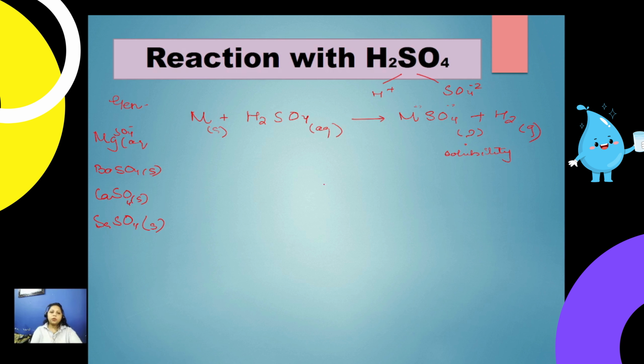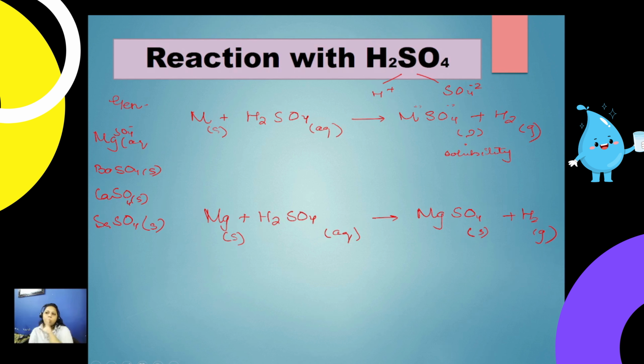Simple. So let's just write the equations for any of the elements. For example, magnesium. Magnesium reacts with sulfuric acid. Let's write the state symbols. It would be solid, it would be aqueous, and it gives magnesium sulfate, and magnesium sulfate is soluble, and hydrogen as a gas. Okay, it's quite simple.